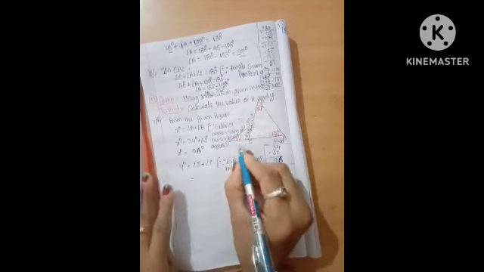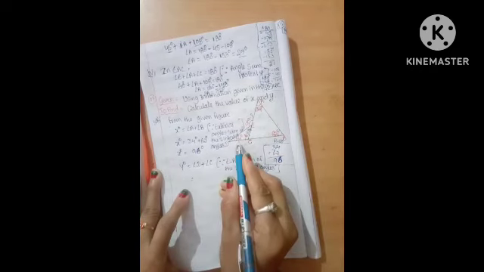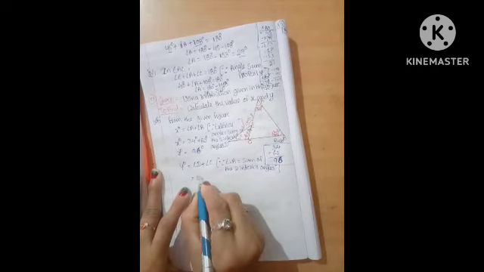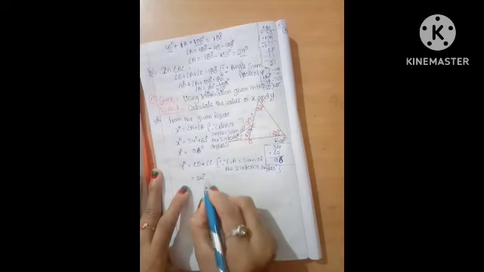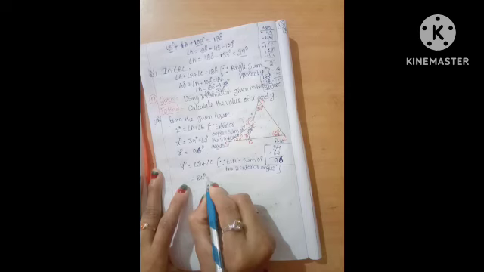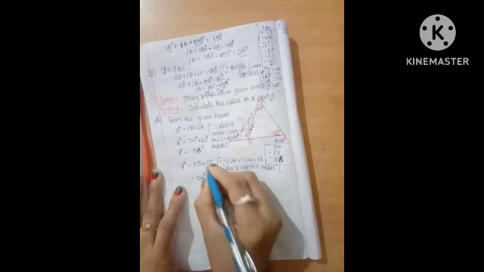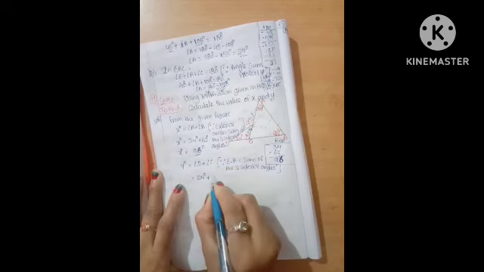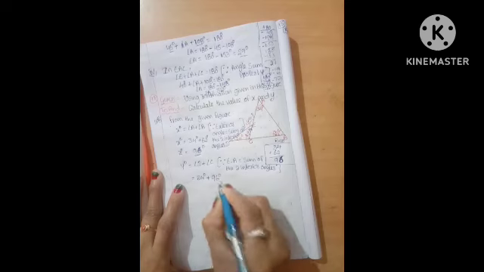Substituting these two angles: angle D is 24 degrees, as given in the problem. Angle C we know already: 96 degrees.